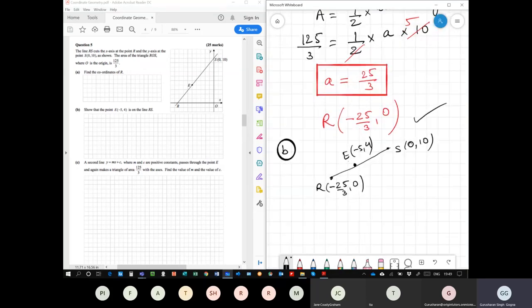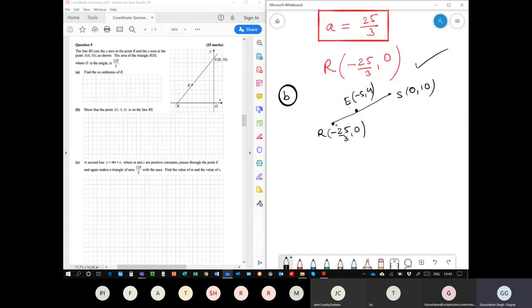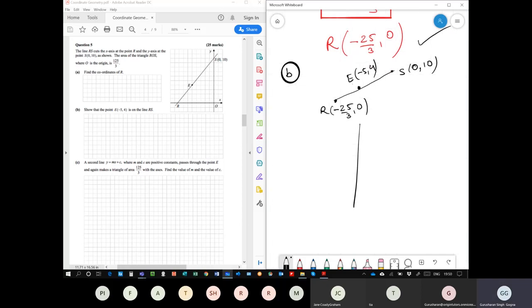Again, the concept of equation. What is the concept of equation? Whatever is the equation of this line RS, if point E is on the line, then it must satisfy its equation. But the problem here is you don't know the equation, isn't it? So one way of doing this question is you can get the equation. I'll give you two approaches for how to do this question.